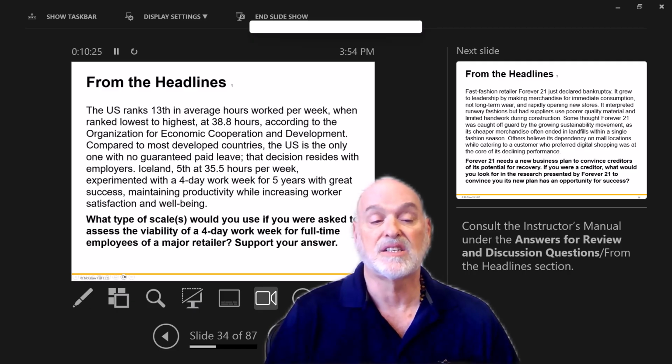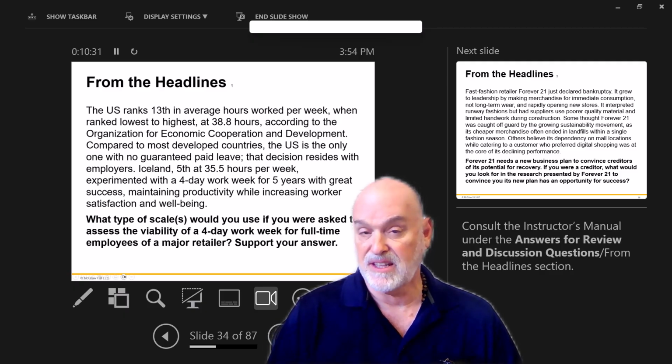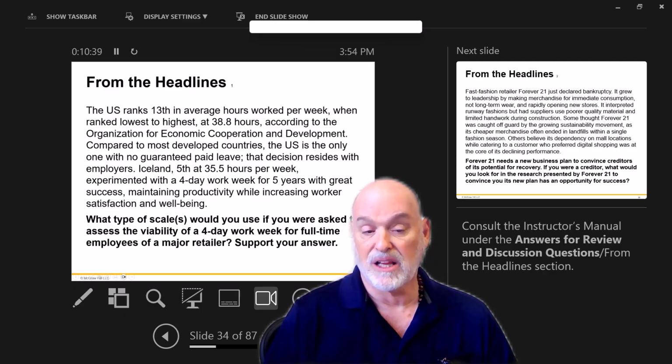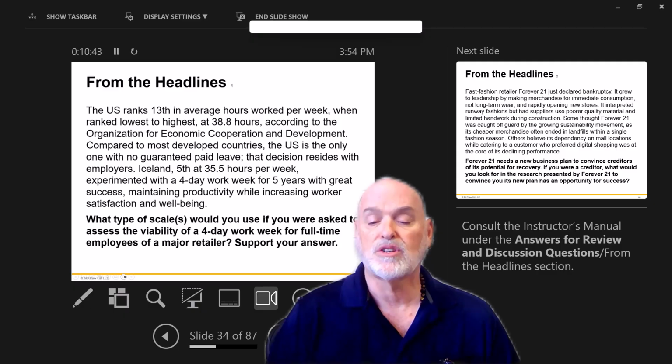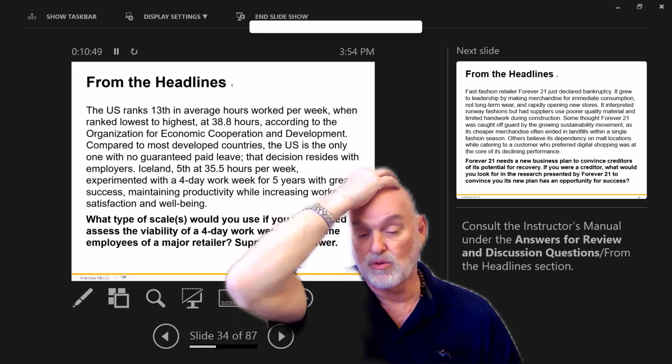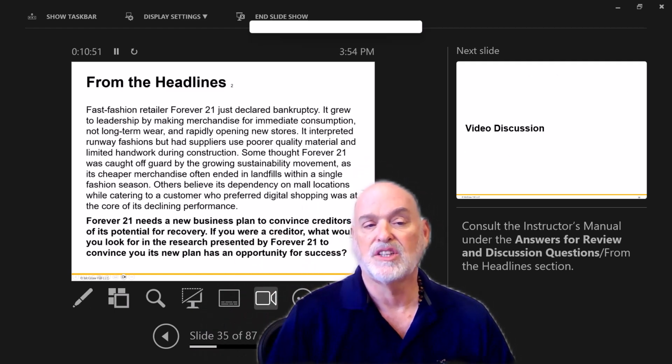The United States is the only one with no guaranteed paid leave. That decision resides with employers. Iceland, fifth at 35.5 hours per week, experimented with a 4-day work week for 5 years with great success, maintaining productivity while increasing worker satisfaction and well-being. What type of scale would you use if you were asked to assess the viability of a 4-day work week for full-time employees of a major retailer? Support your answer.